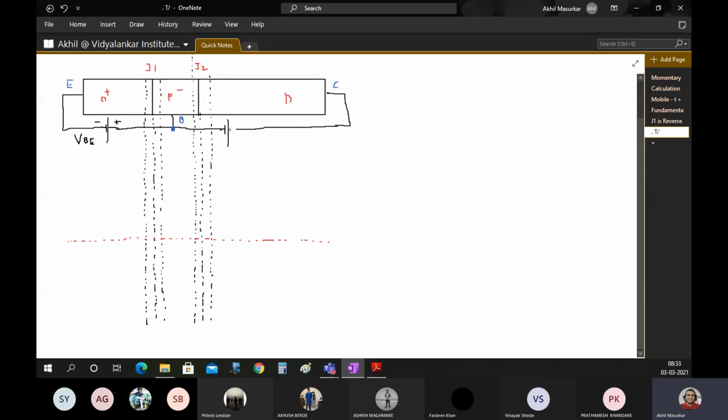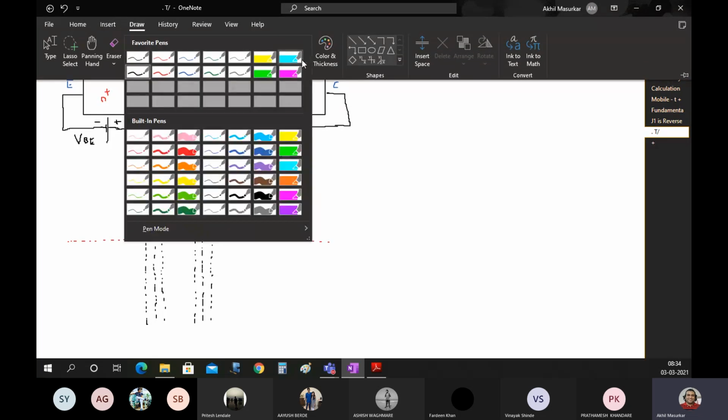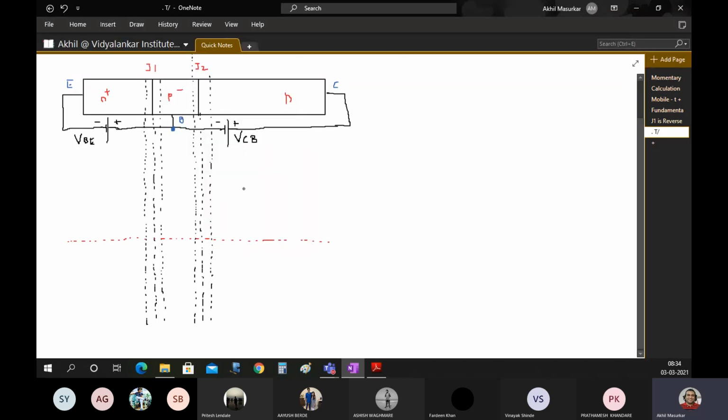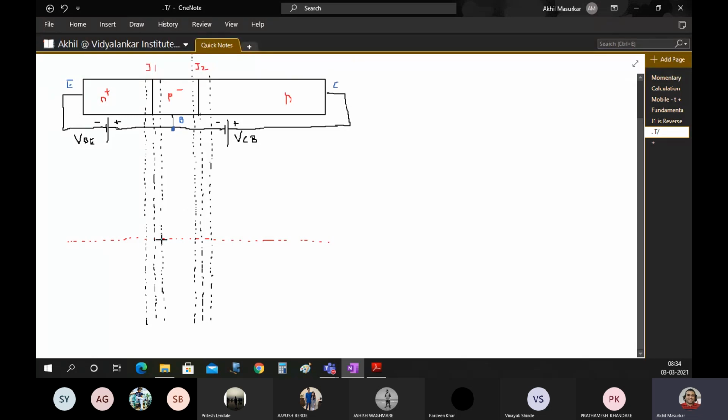So minus and plus will give me VCB. Now, I told you that at any cost, base will always be at the same potential. Its potential will not change, right?